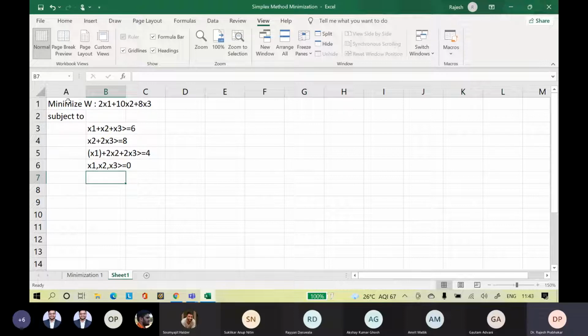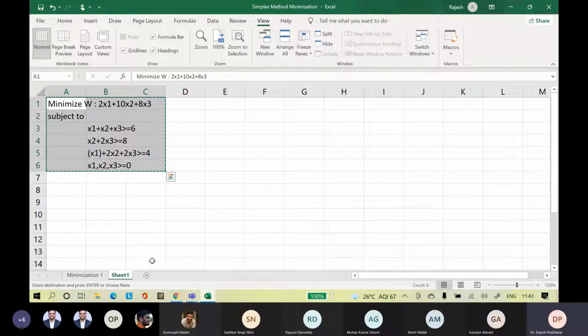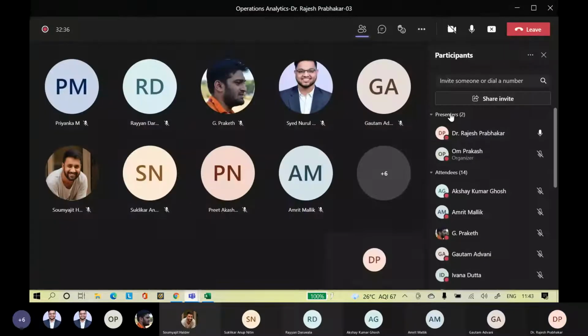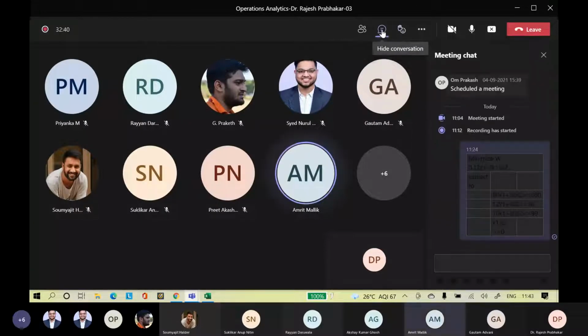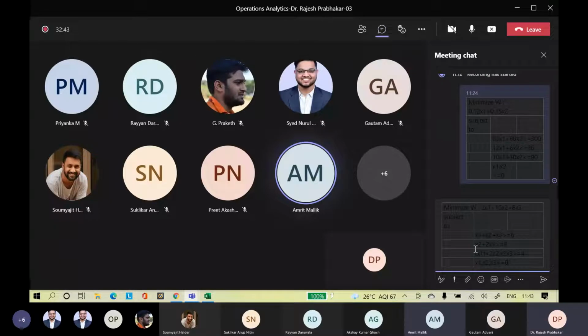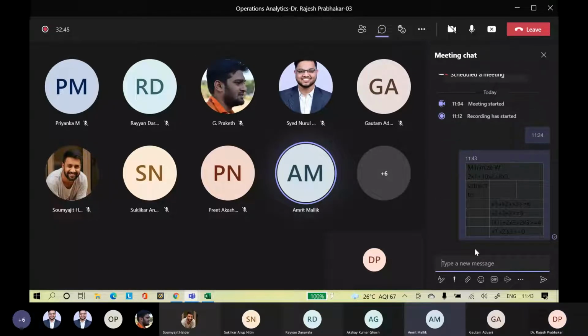So I'll paste this problem in the chat window. For the third constraint, the first term is minus x1, right? Oh, minus.